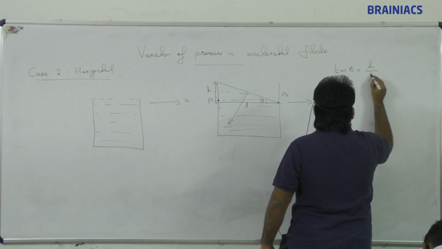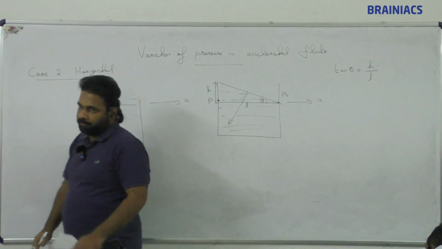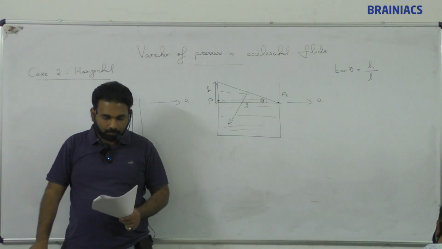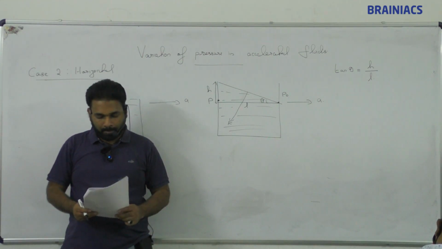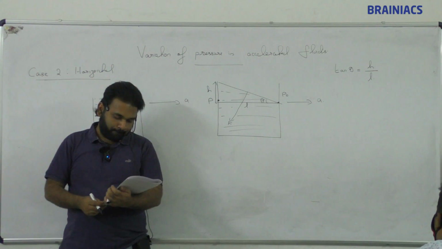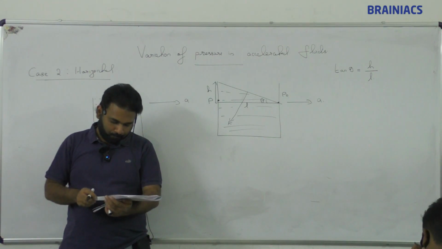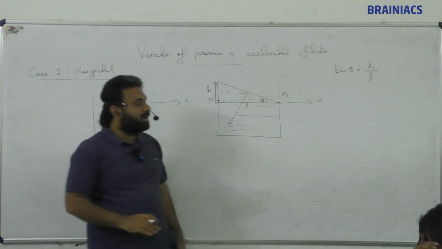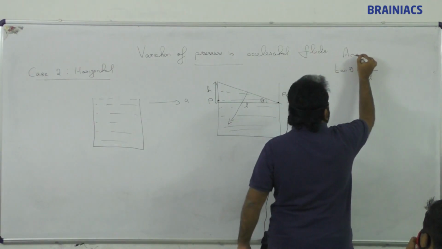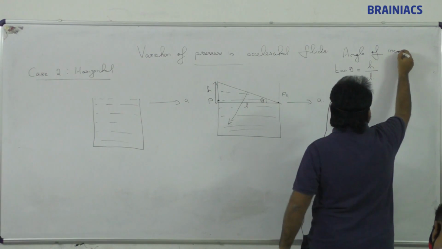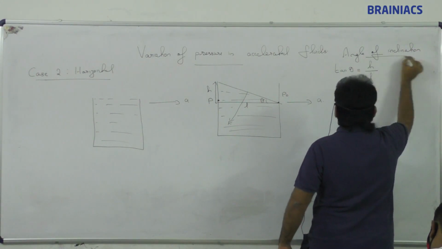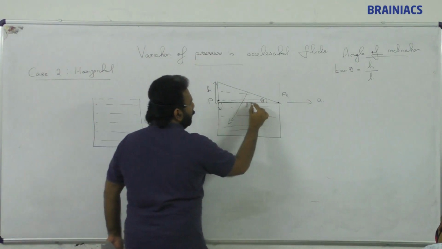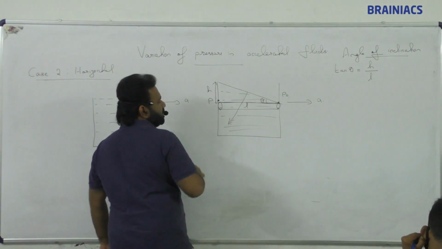H divided by L. So this is called the angle of inclination. Angle of inclination. Clear?